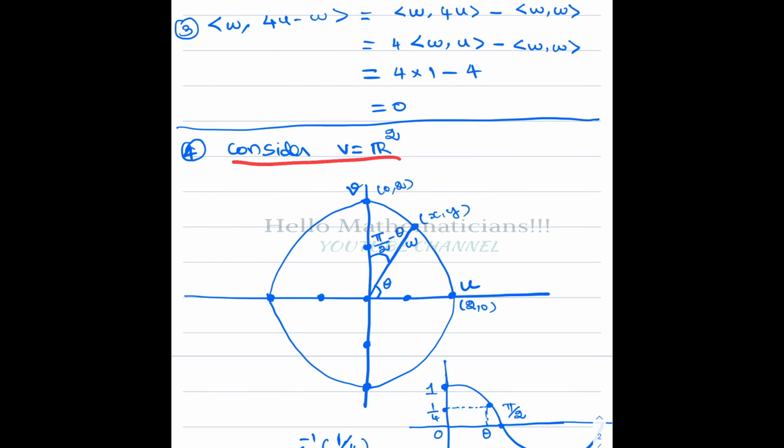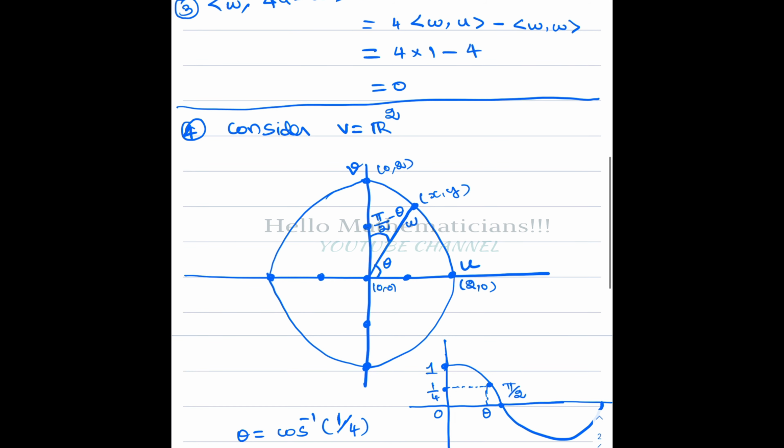So we consider V equal to R2. We need three vectors u, v and w, and each of them has norm 2. So I draw the circle with radius 2. This is a circle of radius 2 with the center at (0,0). If you take any point on this circle, all of them will have norm 2. That is the meaning of norm.